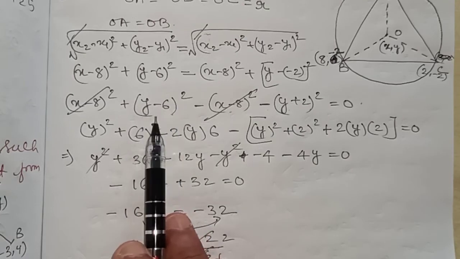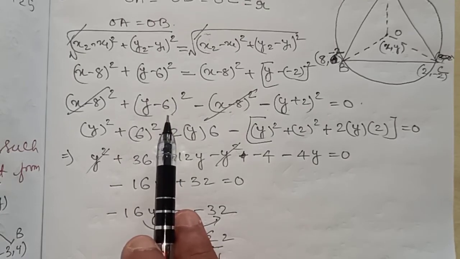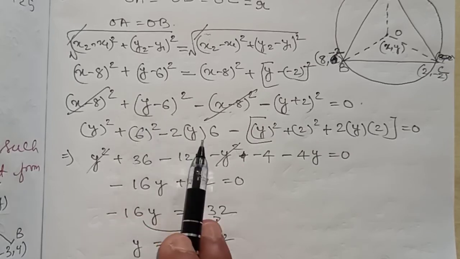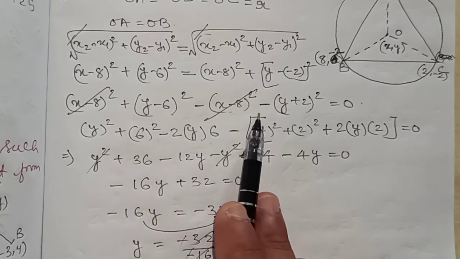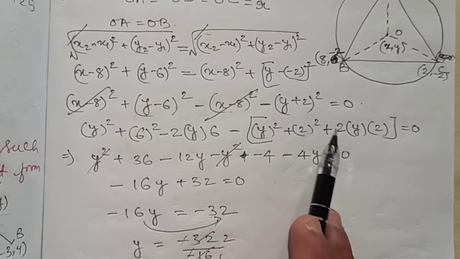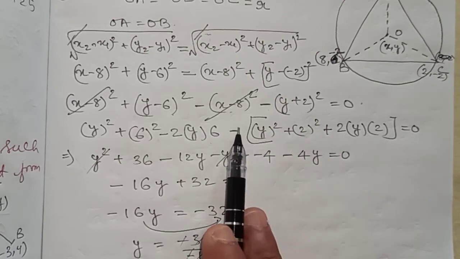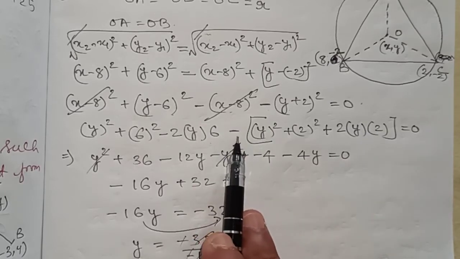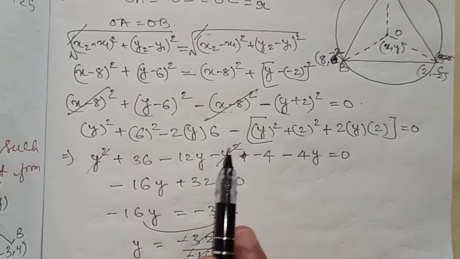We will use the formula (a minus b) whole square for this. a square plus b square minus 2ab, minus (a square plus b square plus 2ab). Write them inside the bracket because in front of them the minus sign is there; this will be multiplied inside.